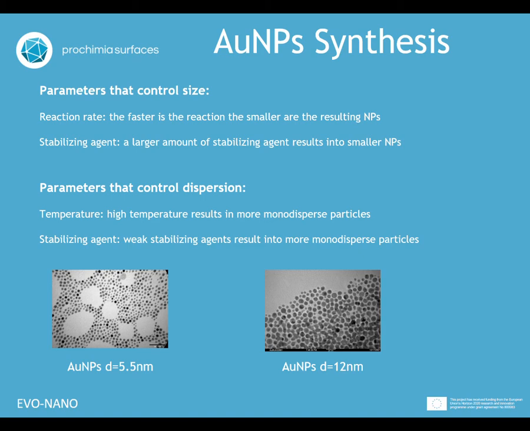In the presence of larger amounts of stabilizing agent, smaller nanoparticles are obtained. Also, dispersion of the gold nanoparticles can be controlled at higher temperature. Monodispersed particles are obtained, and weak stabilizing agents are also responsible for the formation of monodispersed nanoparticles.